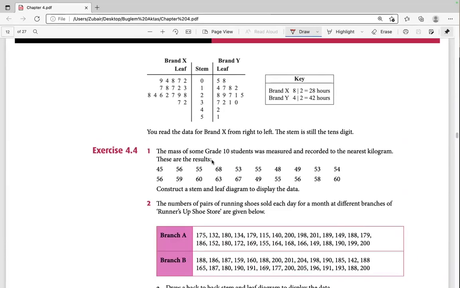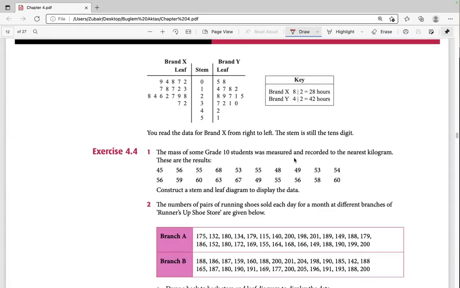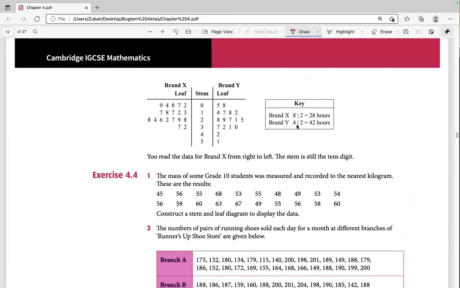Okay. Brand X leaf, stem, and brand Y leaf. Key is given for brand X, 8|2 means 28. Now we always read it as it is written: 8 on left, 2 on right. So 8|2 means 28.